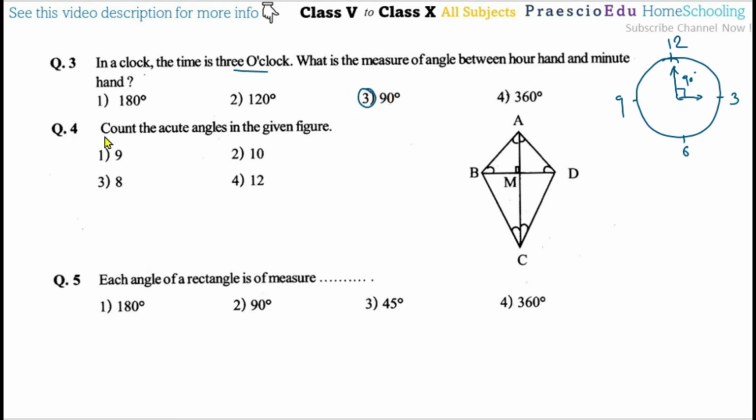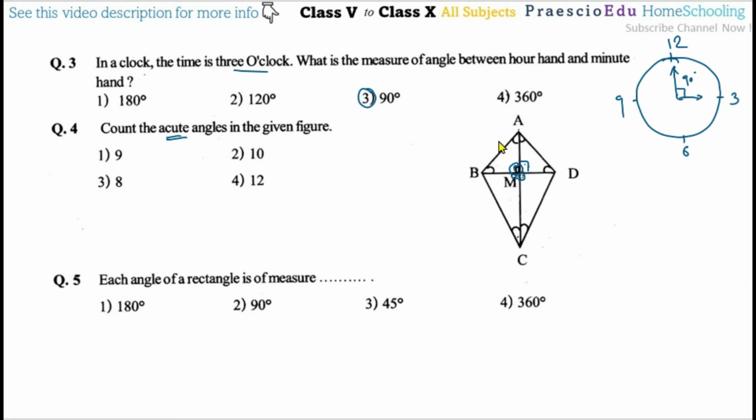Now question number 4, count the acute angles in the given figure. Acute angle means below 90 degrees. In this figure, this symbol shows that this is a right angle, meaning the two lines AC and BD are intersecting at 90 degrees. If one angle is 90, obviously all the four angles are 90 degrees.